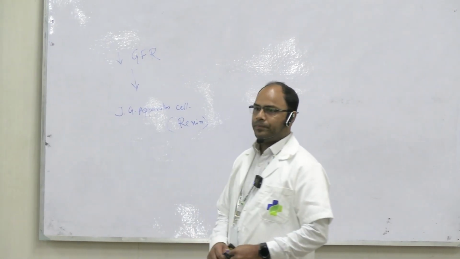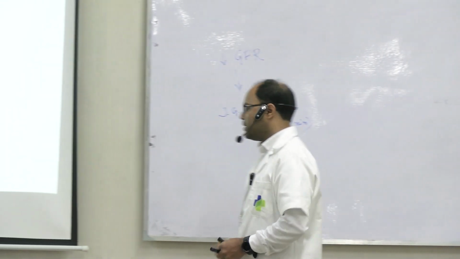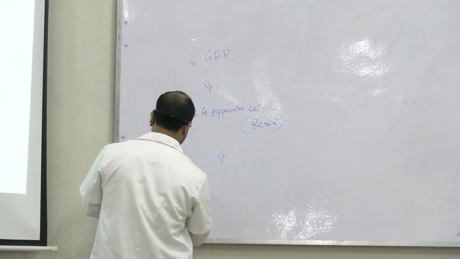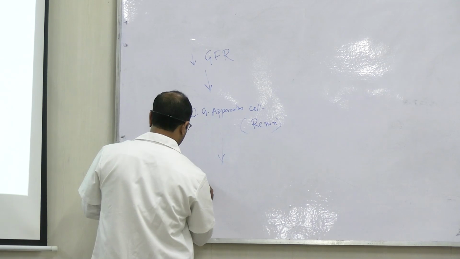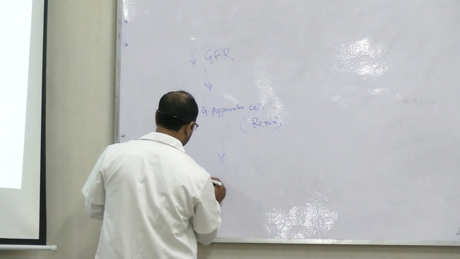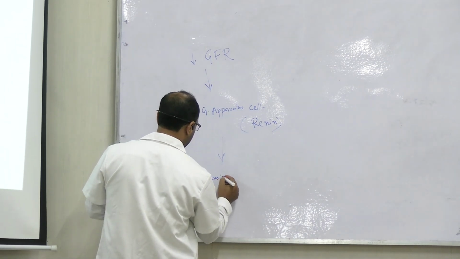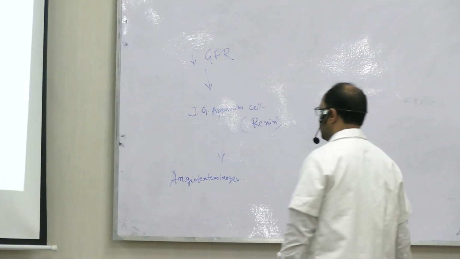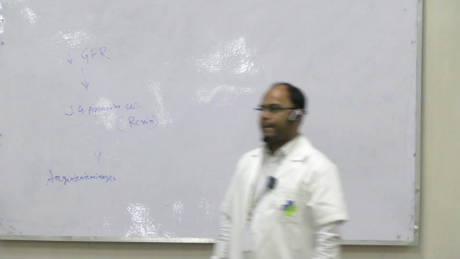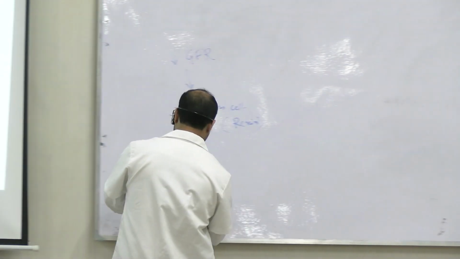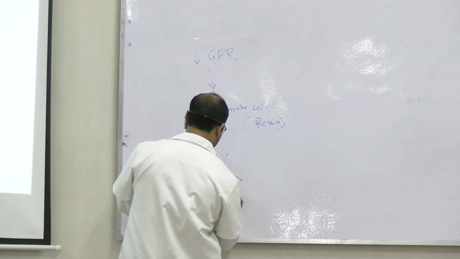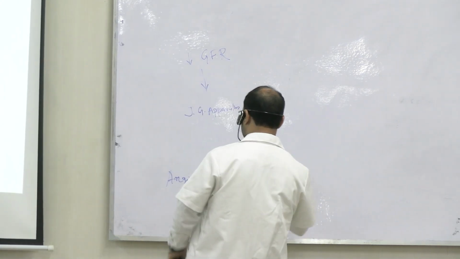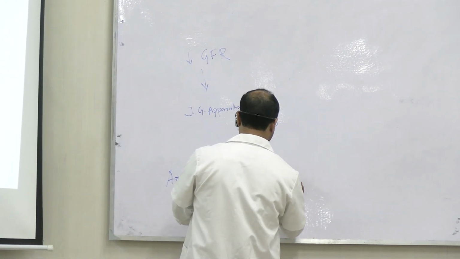Renin is actually an enzyme. They release it in circulation and then it converts angiotensinogen, which is released from the liver in inactive form. Renin converts angiotensinogen to angiotensin 1.